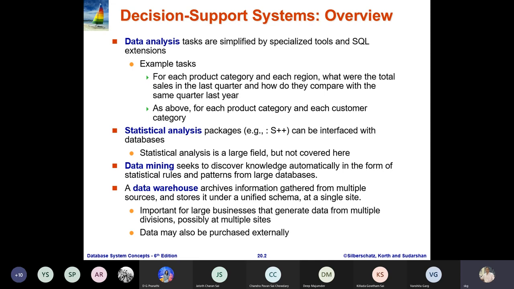The schema plays an important role, right. Unless your schema supports it, you cannot have that query. So here also we need a schema which is able to support this type of multi-dimensional data. This is important for large businesses or large scale operations that generate data from multiple divisions, possibly in multiple sites across different geographical locations, having different culture and socioeconomic status, right.